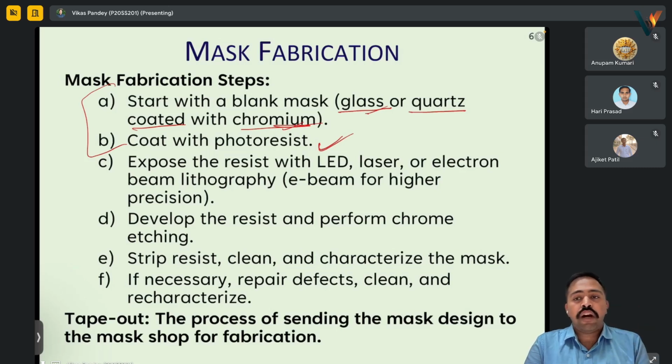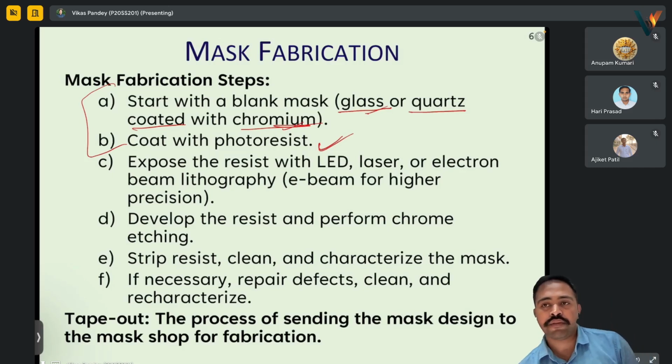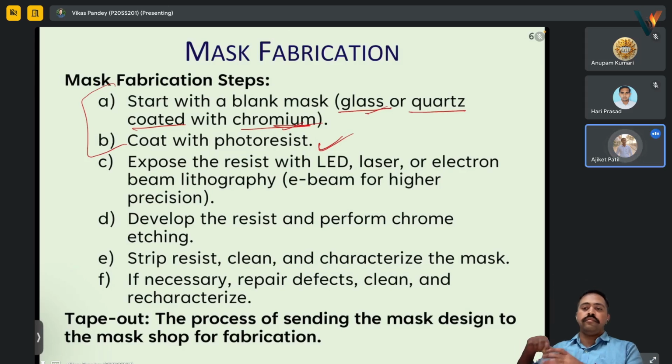And how do we coat a photoresist on a wafer? Anyone? What is the process? Any deposition process. Sorry, how do we coat a photoresist onto our wafers? Spin coating. Yes. We can certainly coat it using some other techniques also.